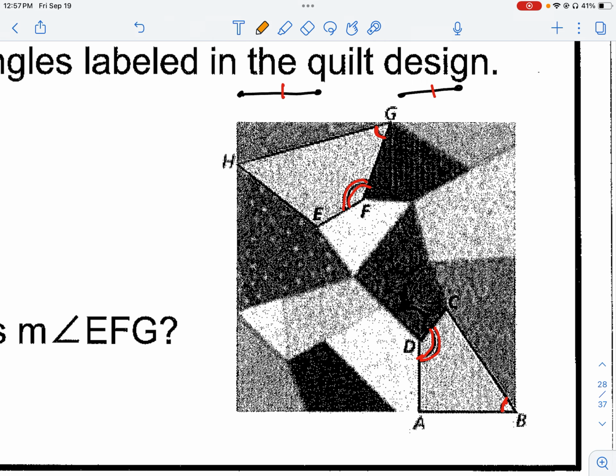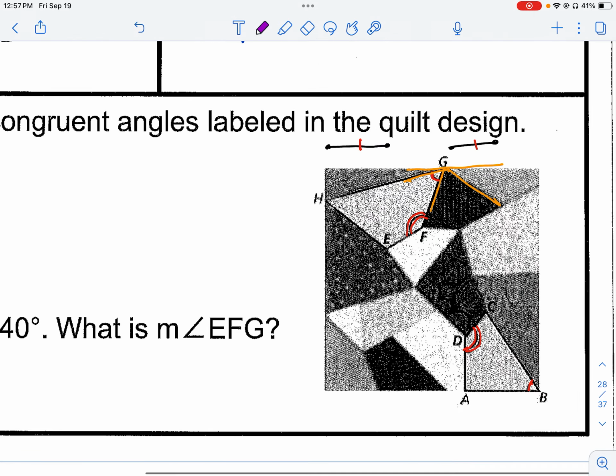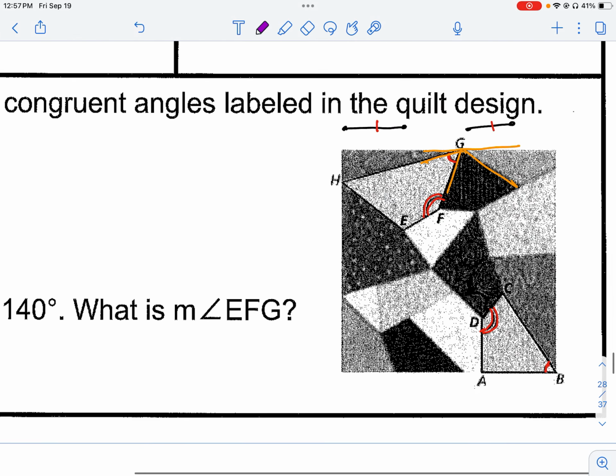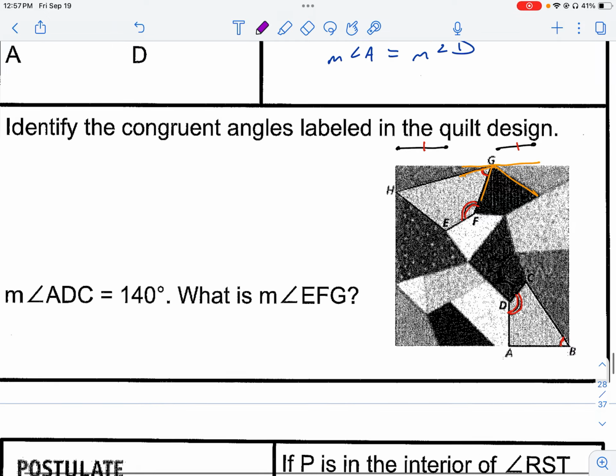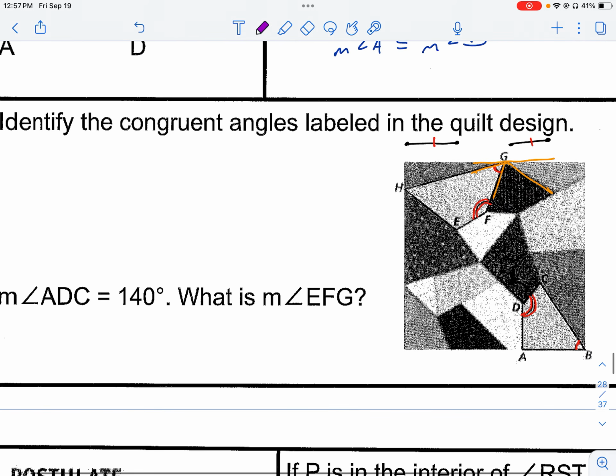Now we can also see up here on angle G, there's a lot of different angles coming off of G. So we cannot name it just angle G, because that vertex has a lot of angles coming off of it. We need to use all 3 letters to name our angles. So let's start with the 1.